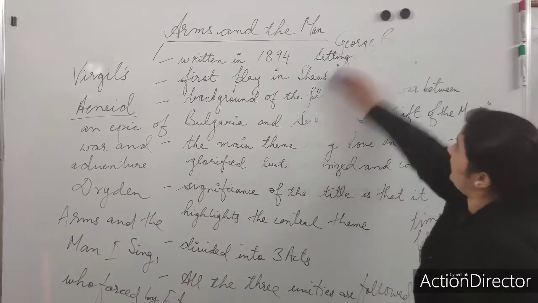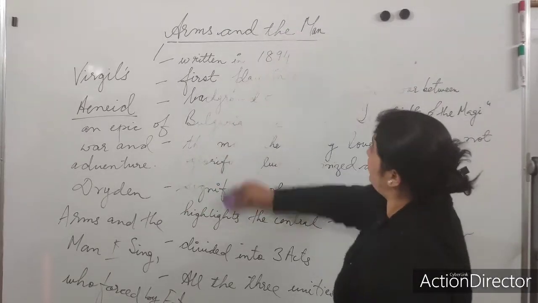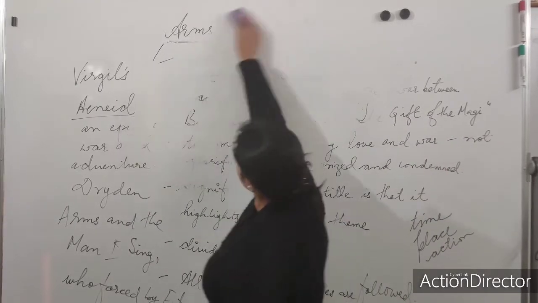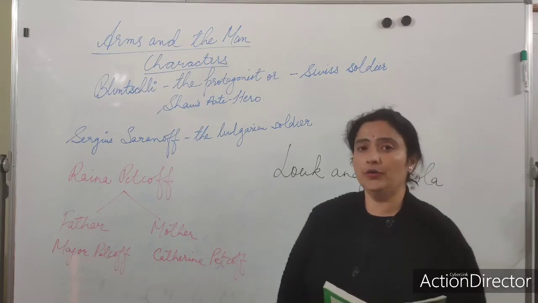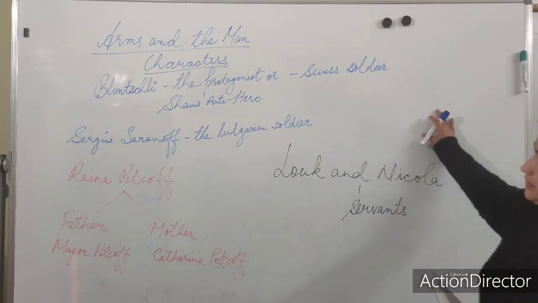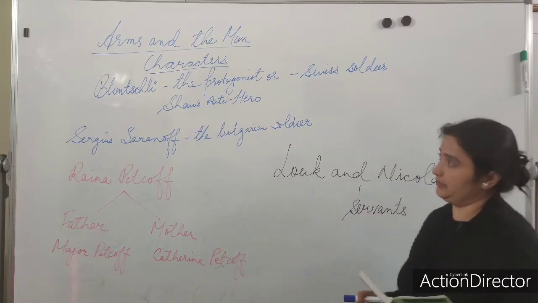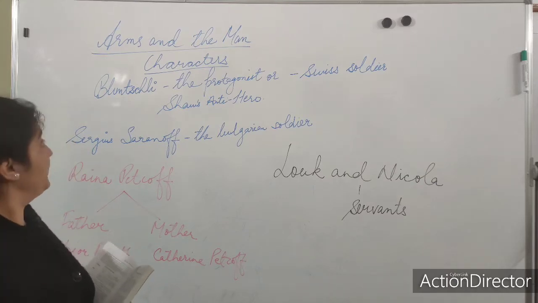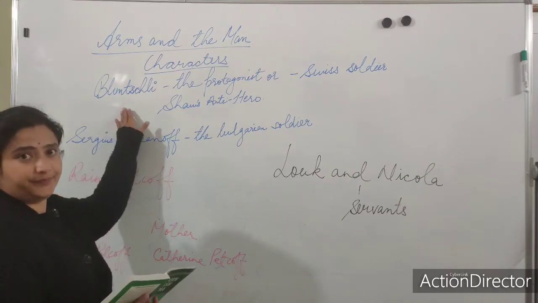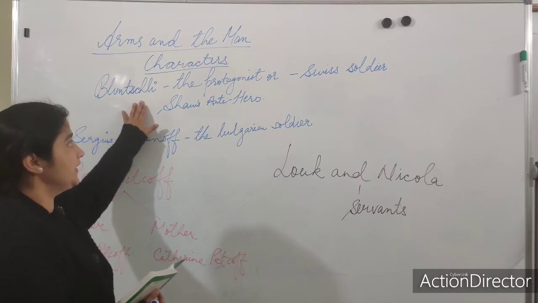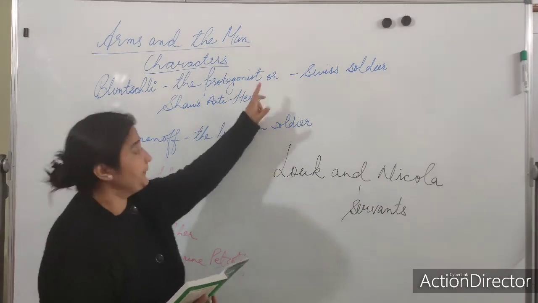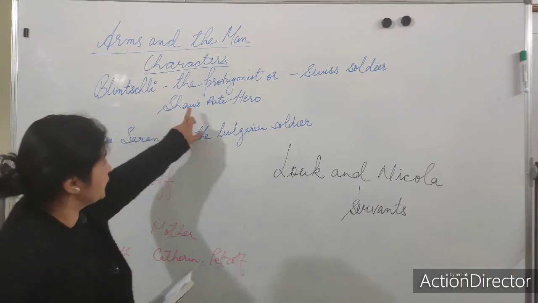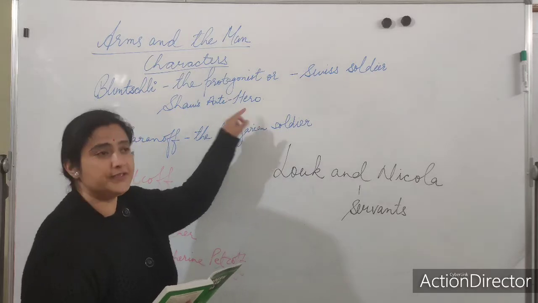So next, let us move on to the details of the play. Let us talk about the characters. Let us talk about the 3 acts that are there in the play. So here are the characters in the play Arms and the Man. The first and the most important man that Shaw brings forth is Bluntschli, right? And Bluntschli is the protagonist of the play, and he is also known by some writers as Shaw's anti-hero, right?